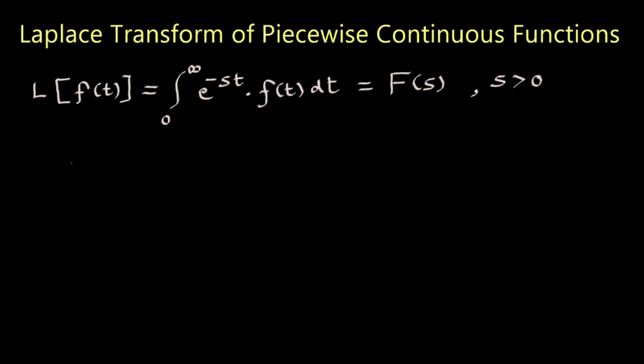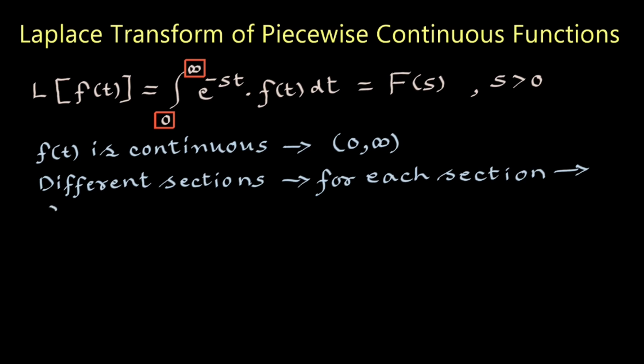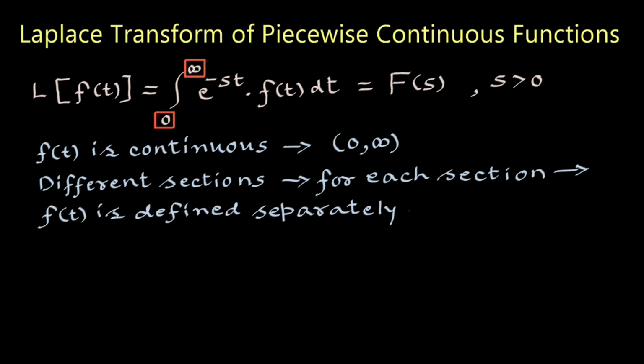Please note that here f(t) is continuous in whole of its positive domain from 0 to infinity. Sometimes this domain is split into different sections, and for each section f(t) is defined separately, and it is continuous within the boundary of that section.